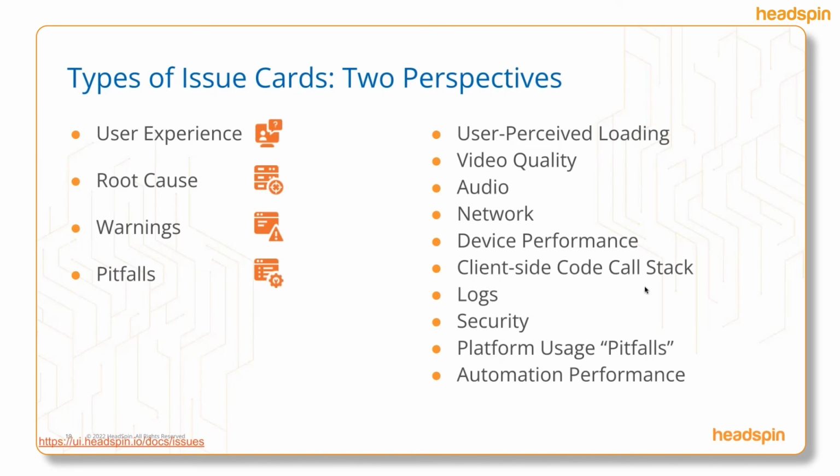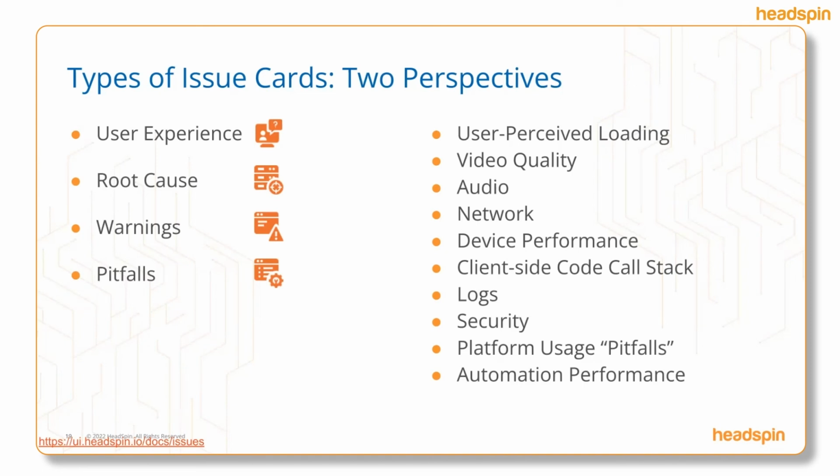There's client-side code call stack. That's a mouthful, but we do have this functionality to be able to profile the client-side code for debuggable mobile applications on Android and iOS. And we can surface issues in terms of methods that are particularly slow to execute and potentially could block the UI thread and, of course, create those user experience issues.